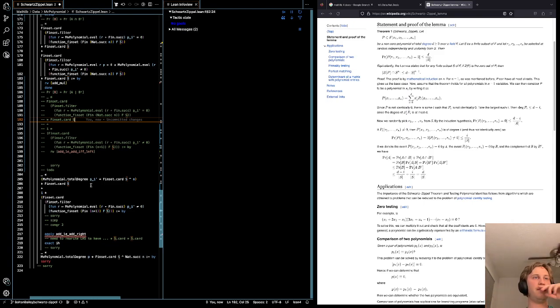Like total degree pi, this is not right, right? Do we ever make reference to that? We make reference to the degree. I guess we do. The degree of pi is less than or equal to d minus i. That's this.